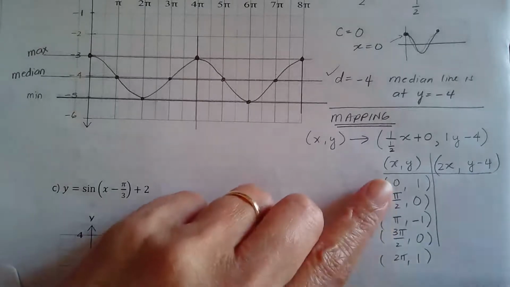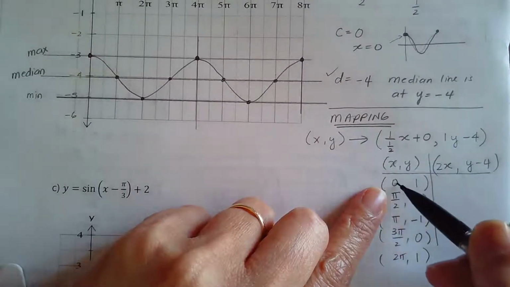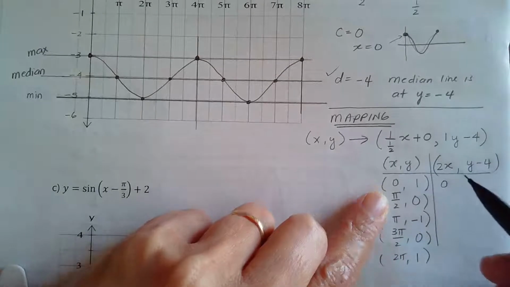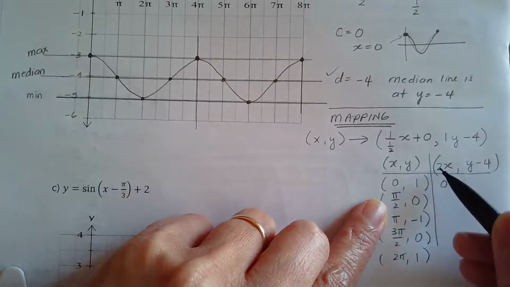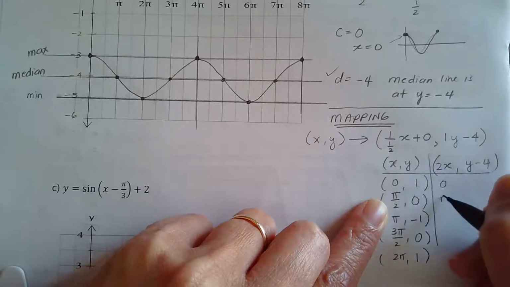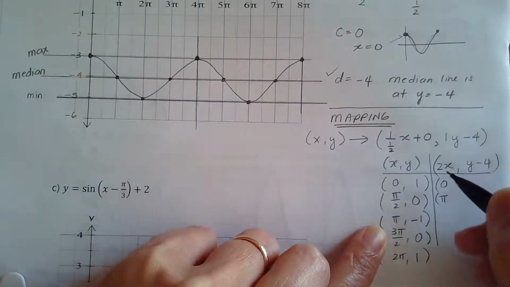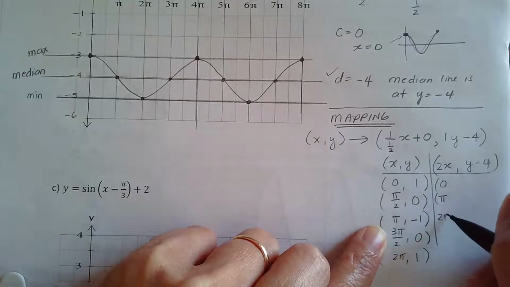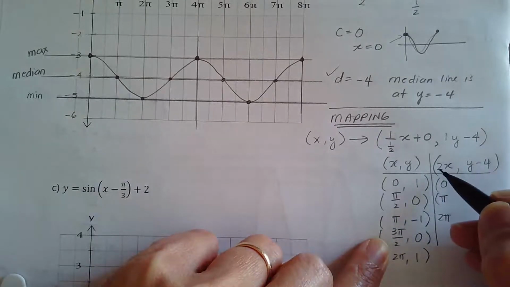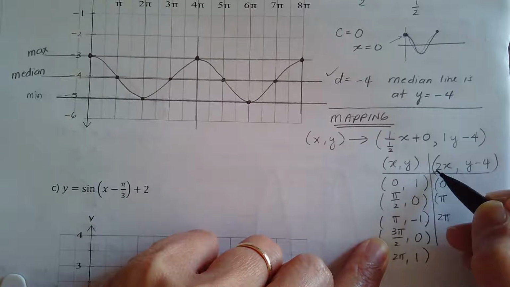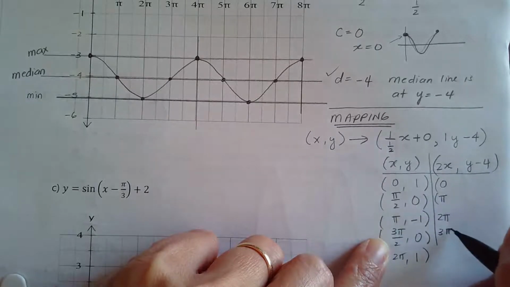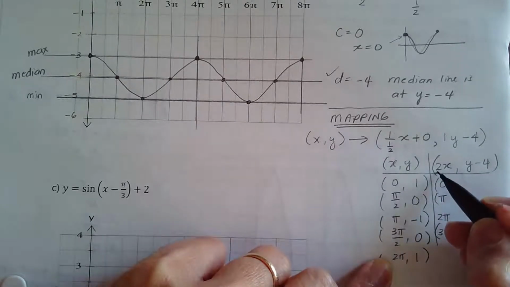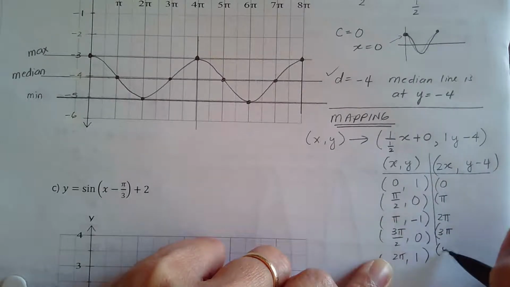Okay. So 2 times x, so 2 times 0 is 0. 2 times pi halves is just pi. 2 times pi is just 2 pi. 2 times 3 pi halves is 3 pi. 2 times 2 pi would be 4 pi.